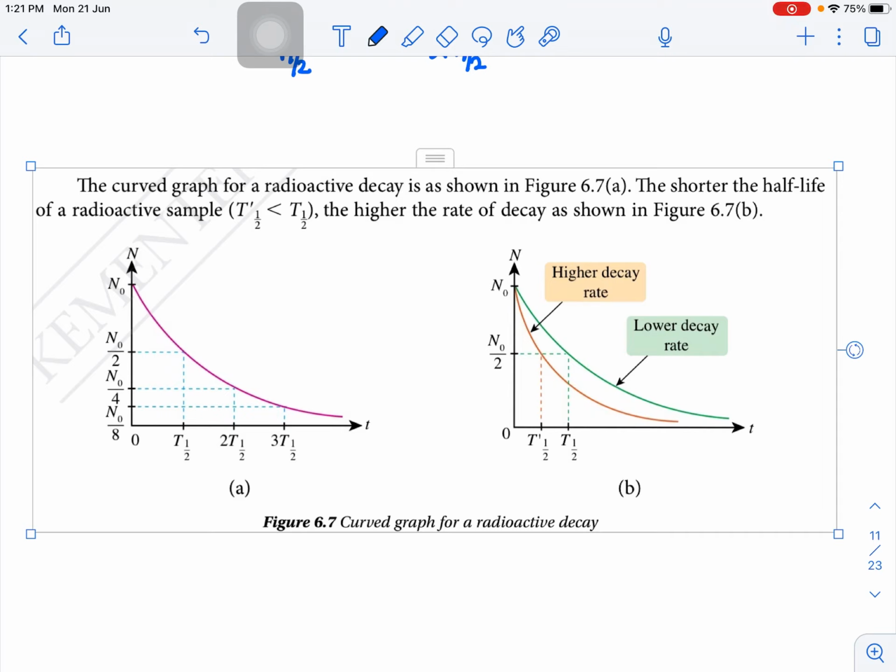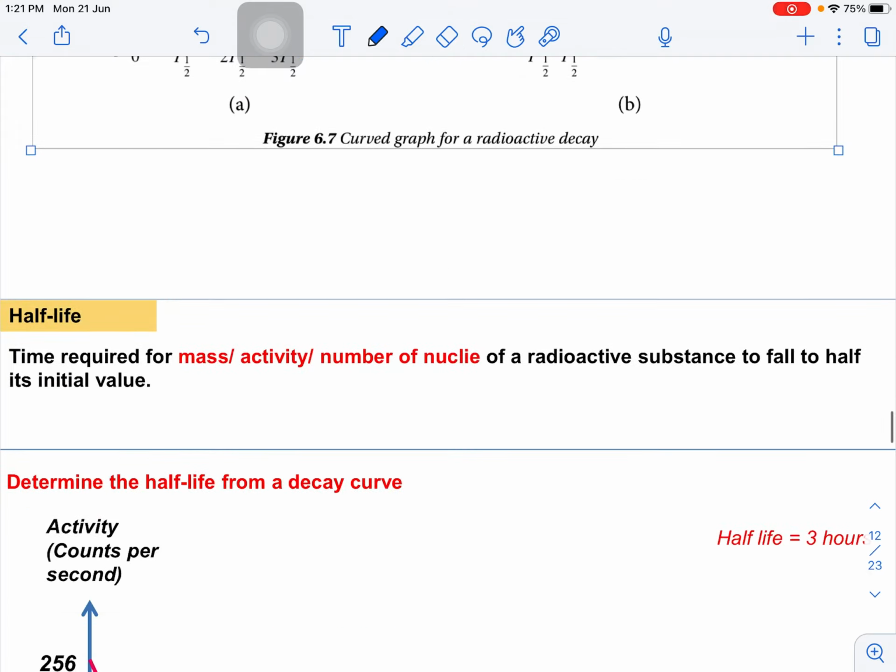The green graph has a longer half-life. So the shorter the half-life, the higher the rate of the decay process. The longer the half-life, the lower the rate of decay.